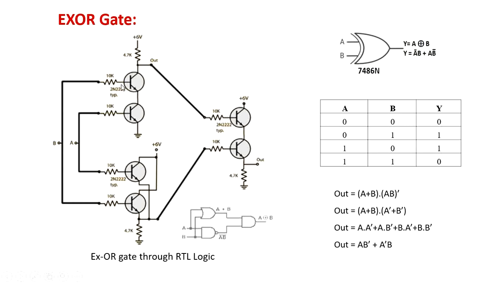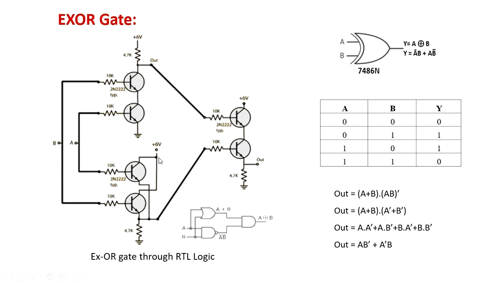If both the inputs are high, that means 1 1, it will give 0. Sorry, this part is the NAND gate, and this part is the OR gate.